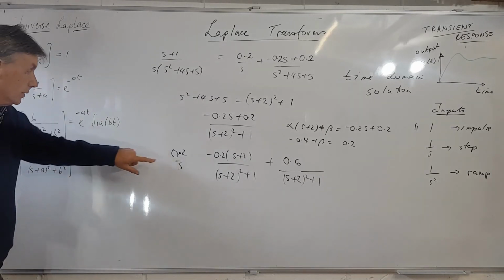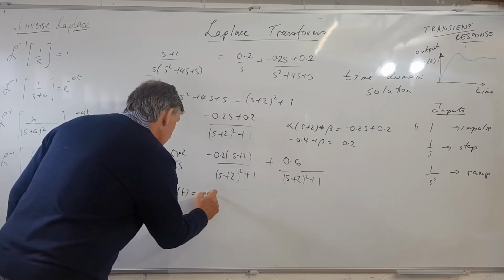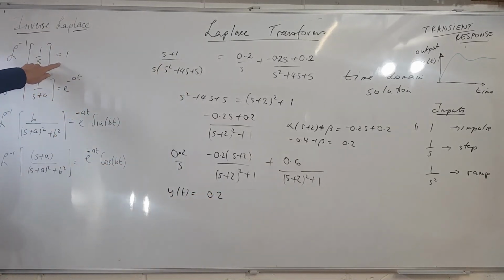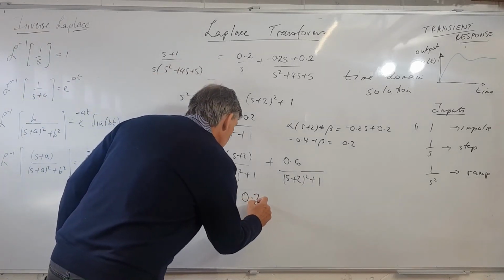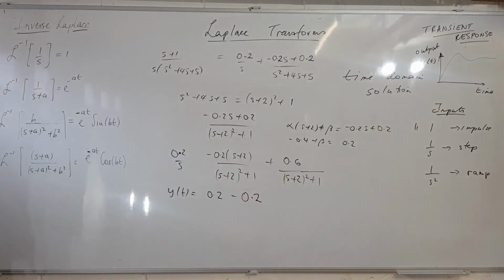So 0.2 of s, so we now get an expression for y of t equal to 0.2, because 1 over s is just 1. And I've got minus 0.2, that's this 0.2 here. Now I've got s plus 2 over s plus 2 squared plus 1, so that's one of these. That's going to be e.